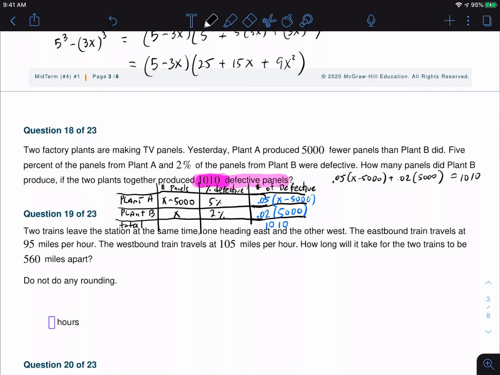Does that make sense? Cool. So then multiplying this out, I'm going to get 0.05x minus 250 plus 100 is equal to 1,010.